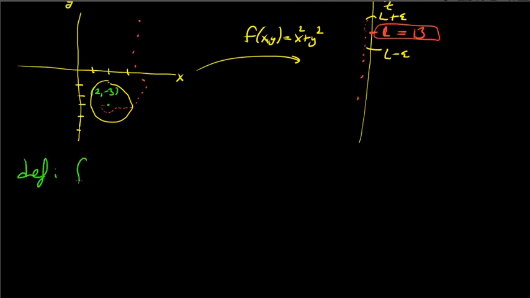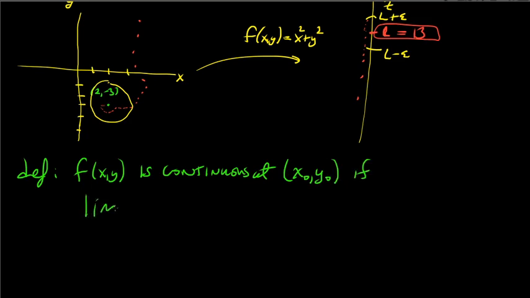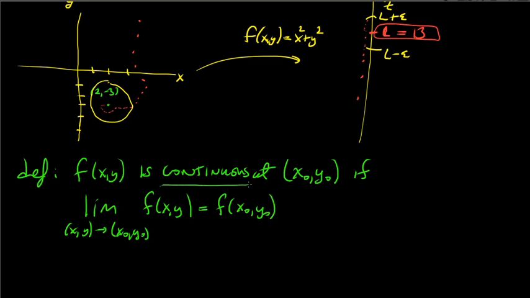We say that a function f of x and y is continuous at a point. I want to use a and b, but that looks like an interval. So we'll stick with x0, y0. If, when we take the limit as x and y approach x0 and y0 of the function f, that limit happens to equal f of x0, y0, then we say it's continuous.